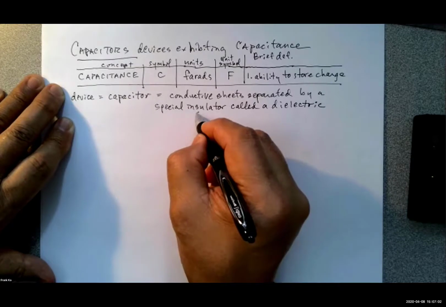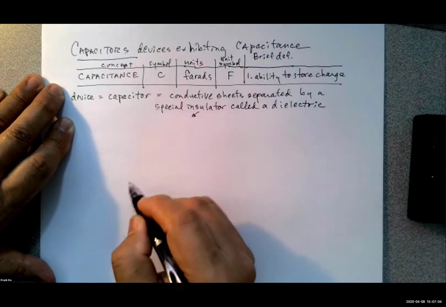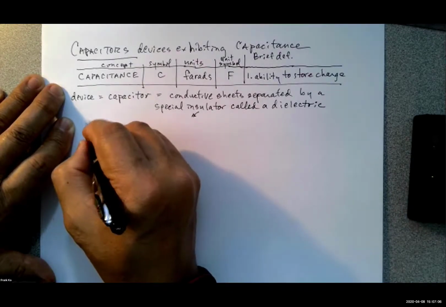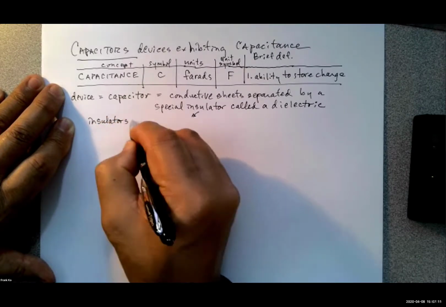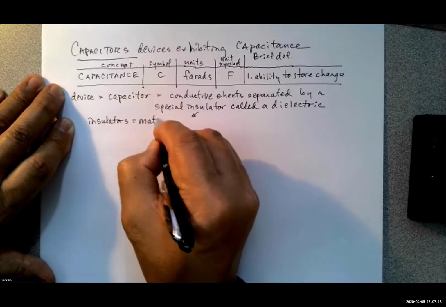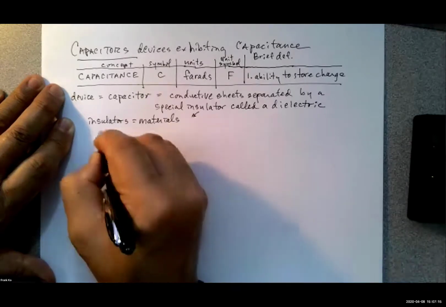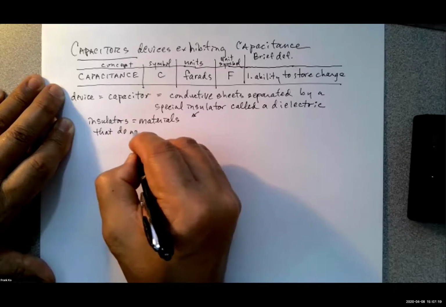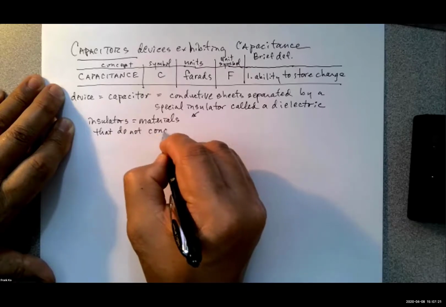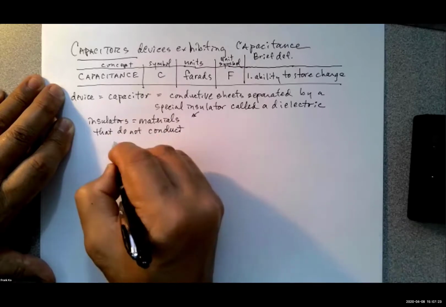So in the category of insulators, what are insulators? Materials that do not conduct electricity.